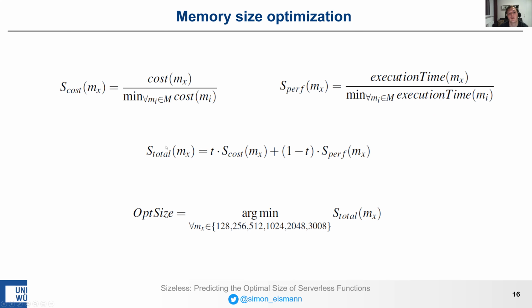Then these two scores are combined to a single score using a trade-off parameter, which is a common solution for multi-objective optimization problems. Now all we have to do is find the memory size that has the lowest total score, and we found the optimal memory size.